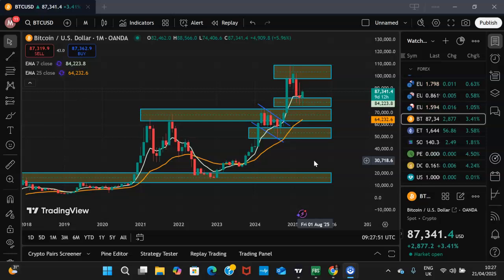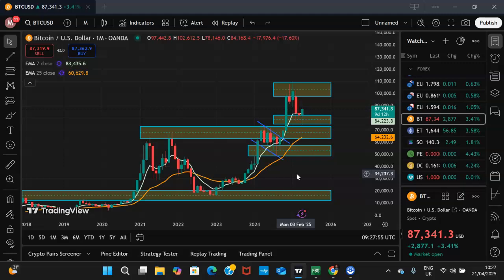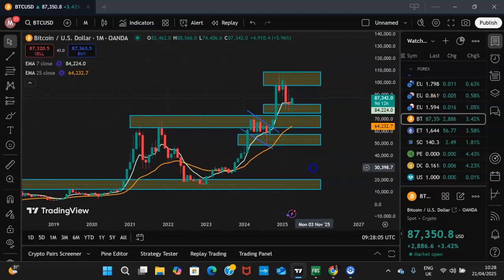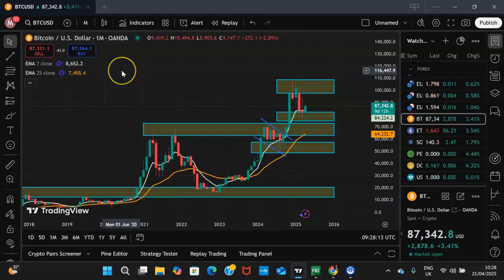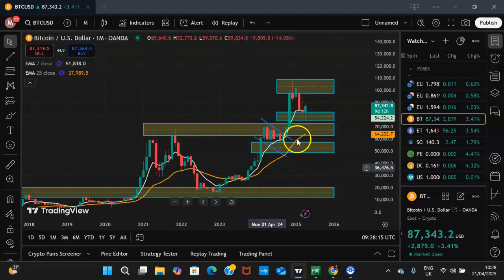Now, without wasting too much of our time, I'm going to be analyzing three significant pairs if time permits me, starting with the BTC USD, which is on our chart right now. If you look at this chart on my screen, this is the monthly chart, by the way, the 1 month chart.